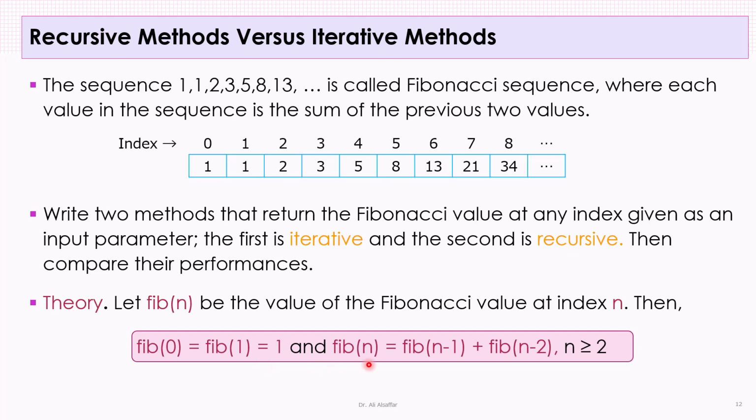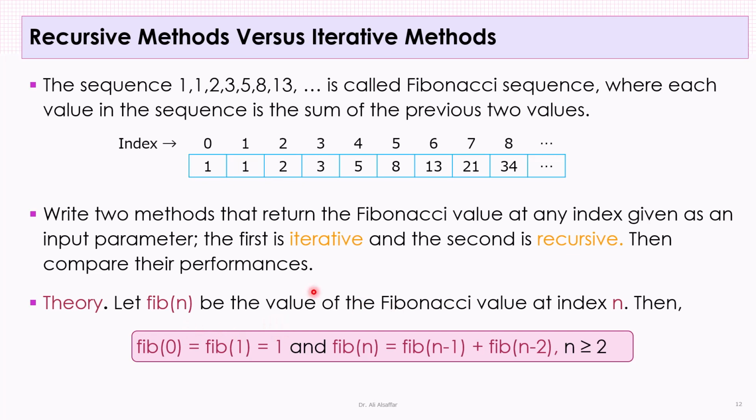Now for the recursive definition, every Fibonacci number is equal to the sum of the previous two values. So we say Fibonacci n is equal to Fibonacci n minus 1 plus Fibonacci n minus 2, but this will occur only if n is greater than or equal to 2. For the base case, if n is equal to 0 or n is equal to 1, then we return 1.